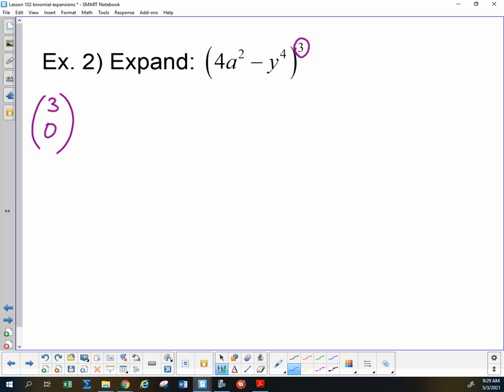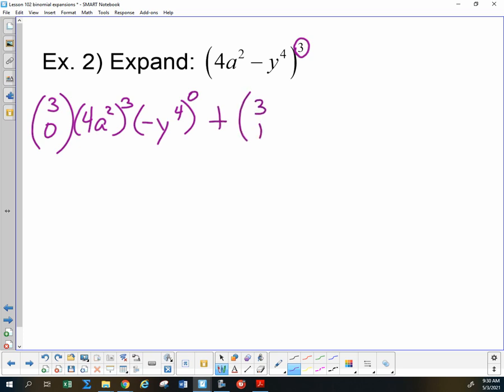So I'm going to need to talk about what 3 choose 0 means, and I need to give you a definition for that. And then I'm going to take my first term to a power, my second term to a power, and notice I included the 4, I included the minus sign in there. The last exponent needs to match what I have in the bottom, and the two exponents together need to add up to the original exponent.